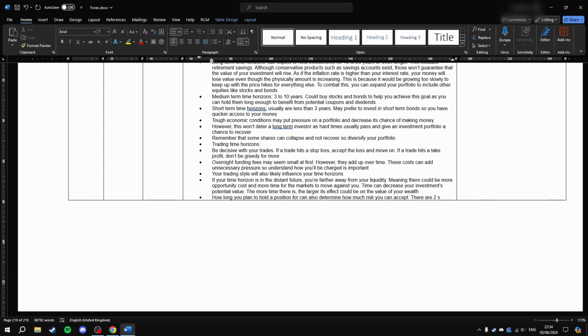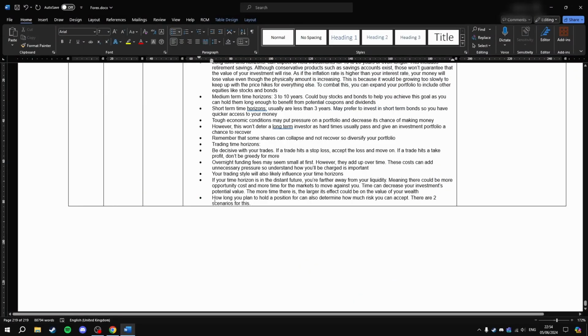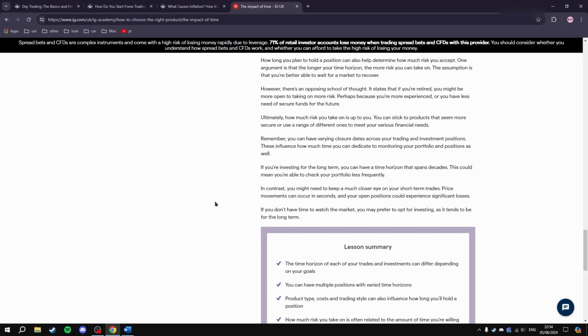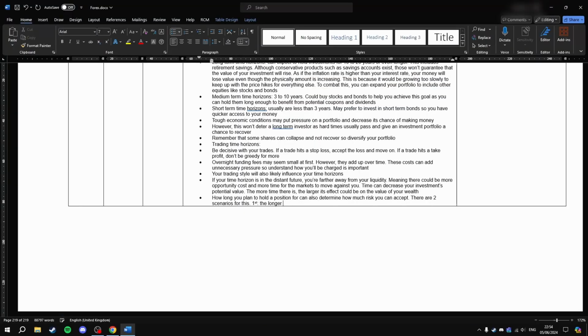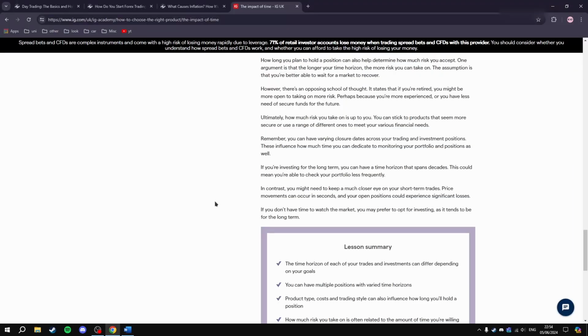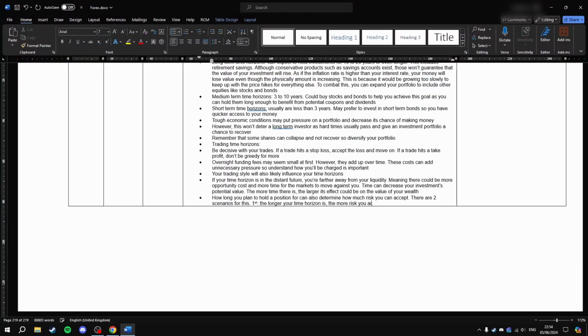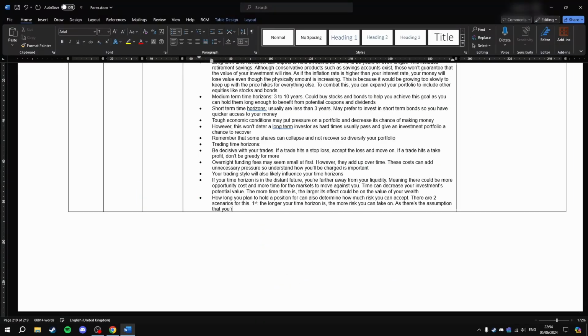There are two scenarios for this. First, the longer your time horizon is, the more risk you can take on, as there's the assumption that you're better able to wait for the market to recover.